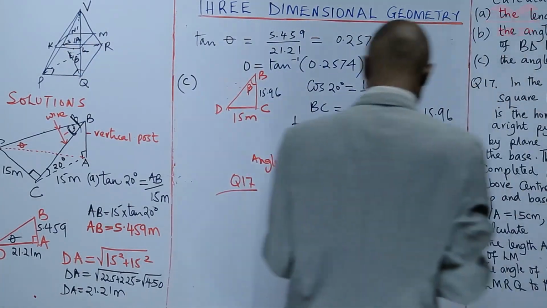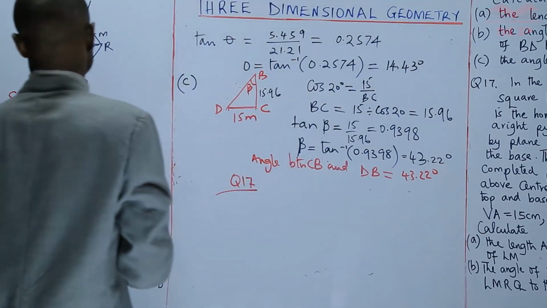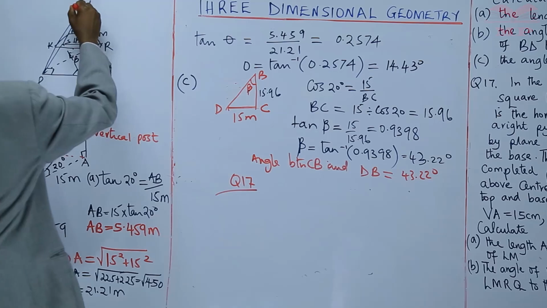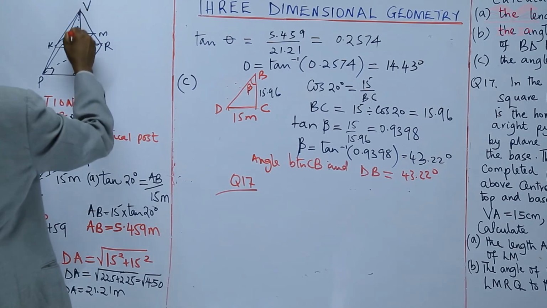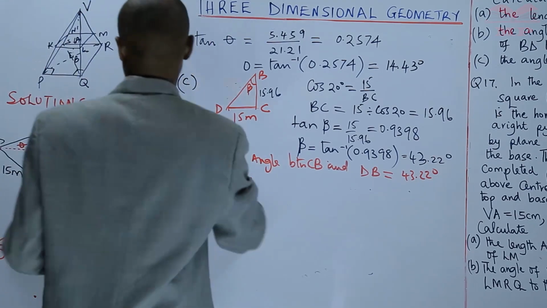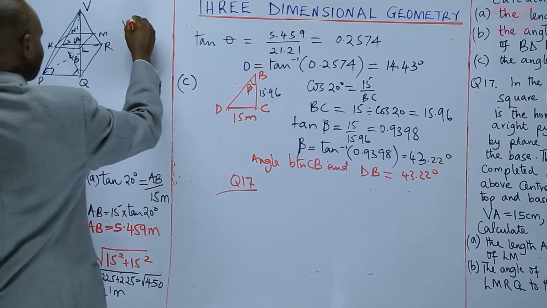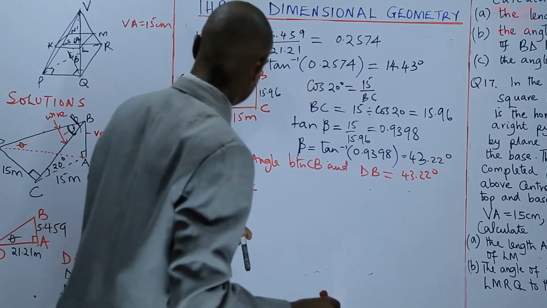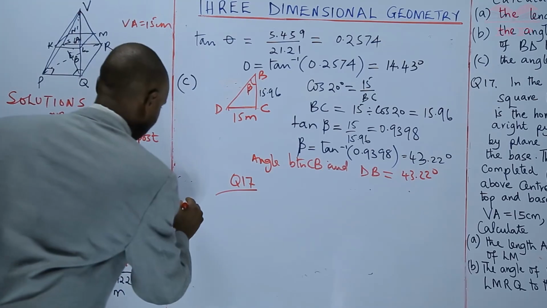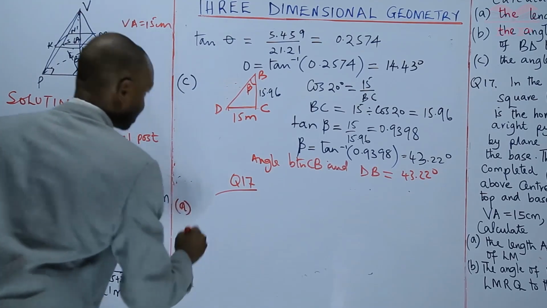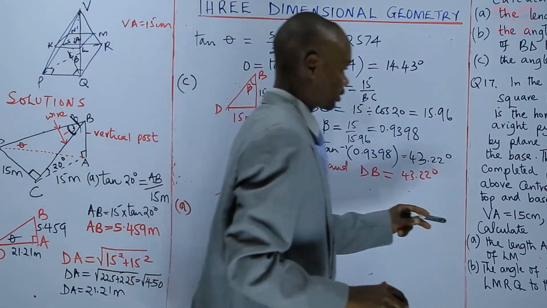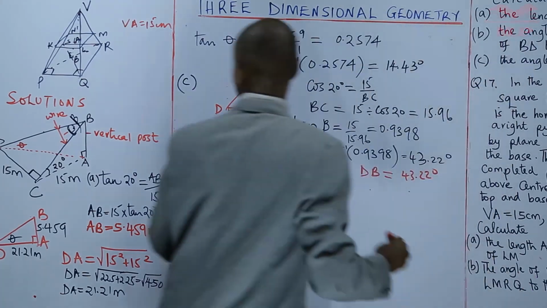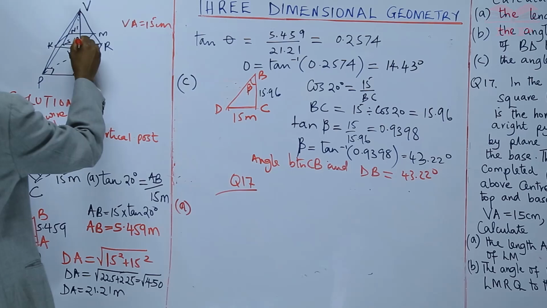So you are told VA, from this point to that point, is 15 centimeters. To solve this, you need to extract a figure that will help you, because the first question is to calculate the length of AC.